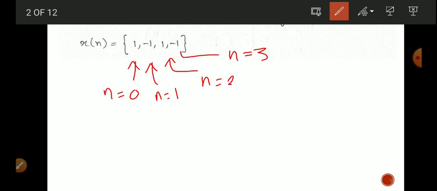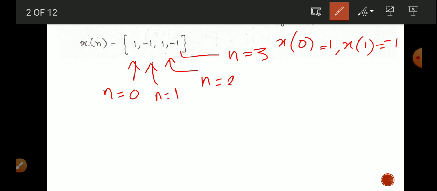So we can write x of 0. Here n equal to 0. In the case of n equal to 0, x of 0 equal to 1. And in the case of n equal to 1, x of 1 equal to minus 1.